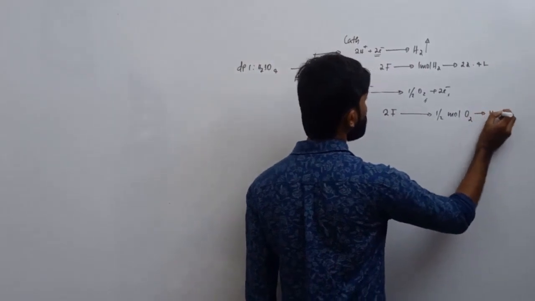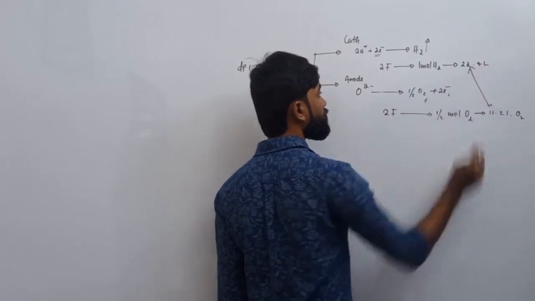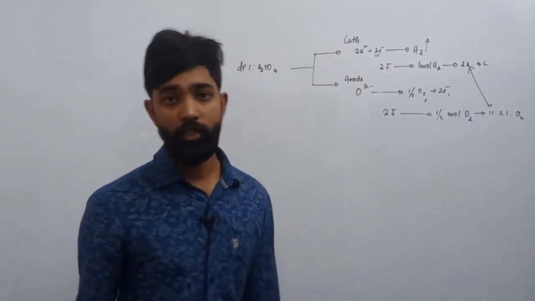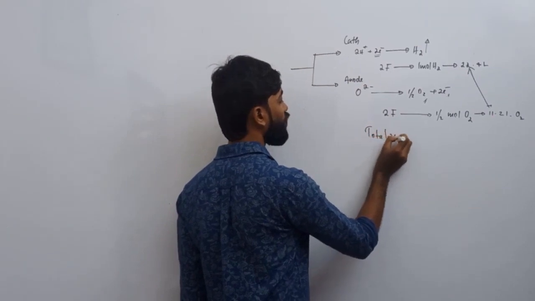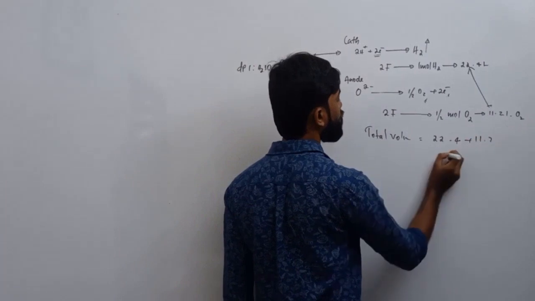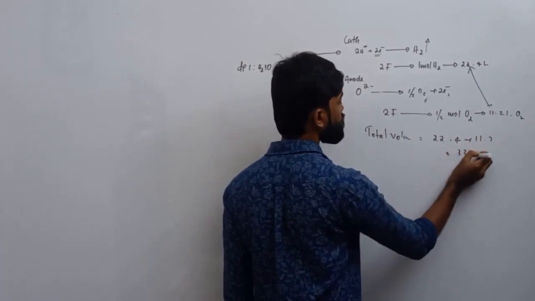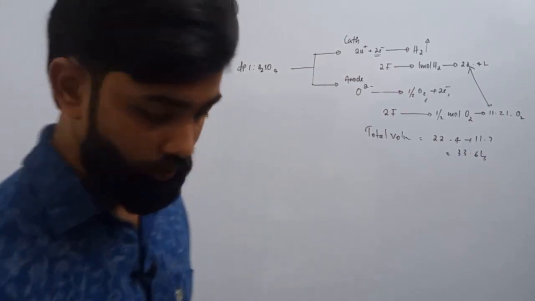Half mole O2 means 11.2 liters of oxygen at the anode. So what is the total volume of gas when 2 faraday current is passed through dilute H2SO4? Total volume will be 22.4 from hydrogen and 11.2 from oxygen, that is 33.6 liters. So your choice is 3.